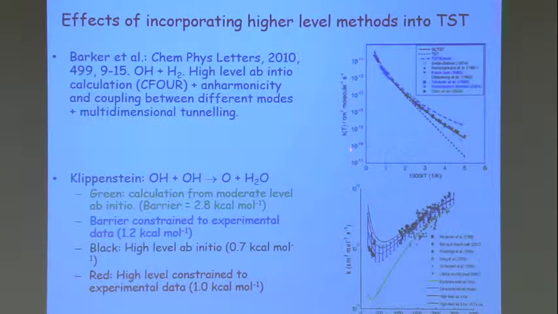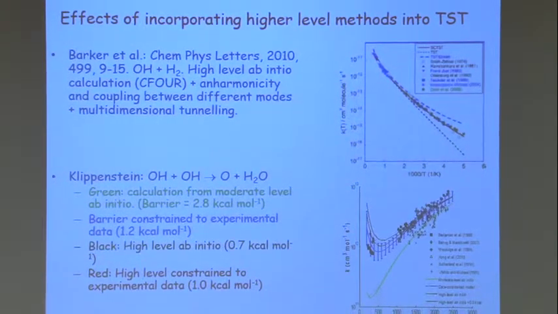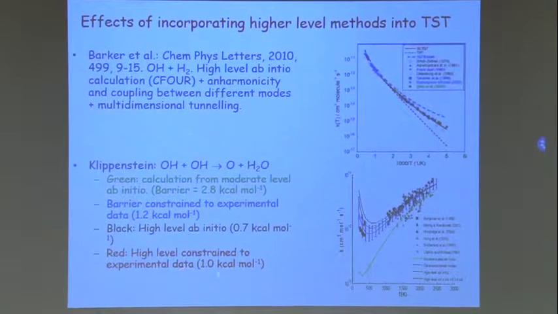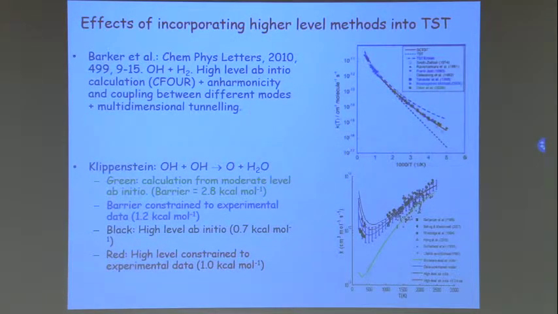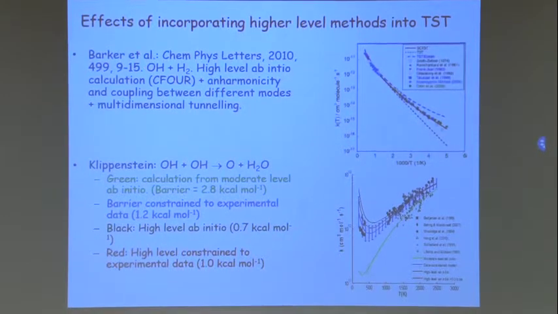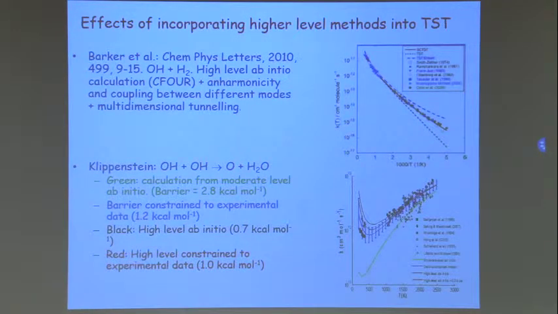So just have a look at the effects of incorporating high-level methods. If you want to look at high-level methods, then I'm going to give you 3 examples. So this is by John Barker, and is on OH plus H2, using high-level ab initio calculations, so the barrier height is obtained quite accurately, incorporating anharmonicity, and incorporating the coupling between the different modes and multidimensional tunneling.